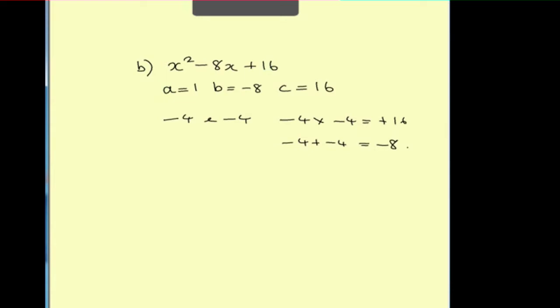So what we do now is construct two brackets, put x in each one, and -4 in one bracket and -4 in another. So expand the brackets.